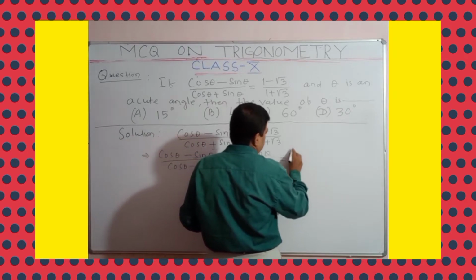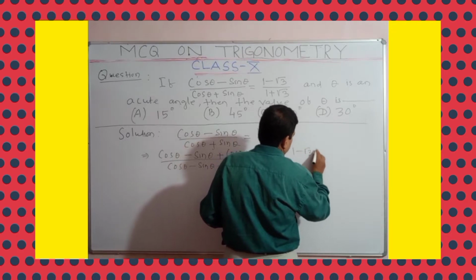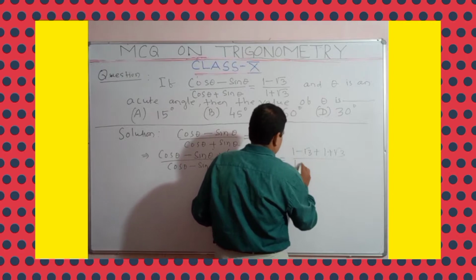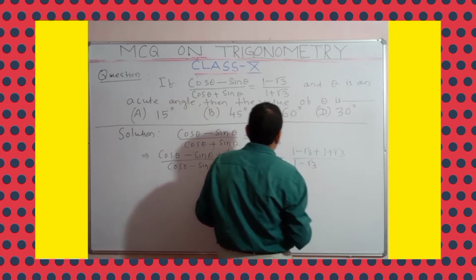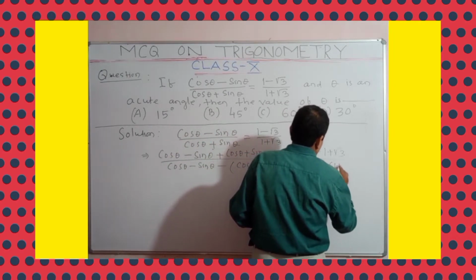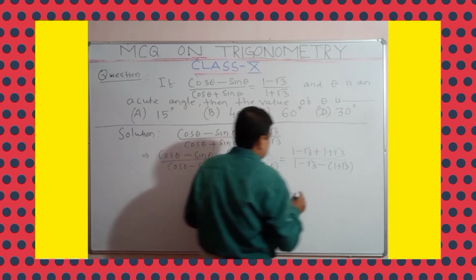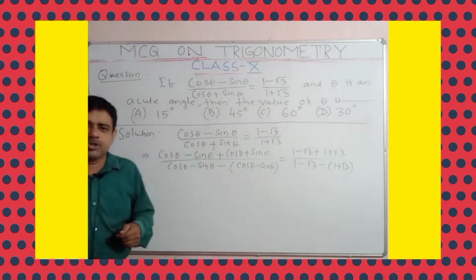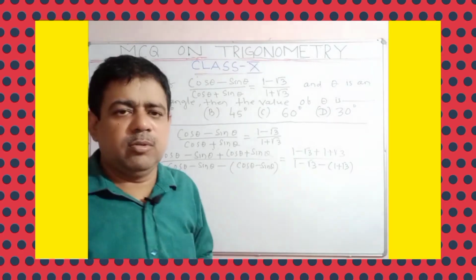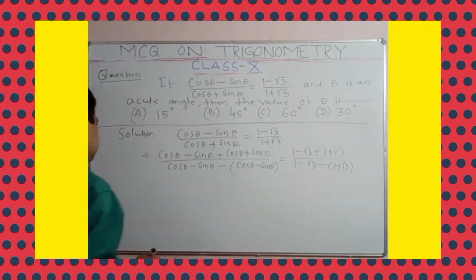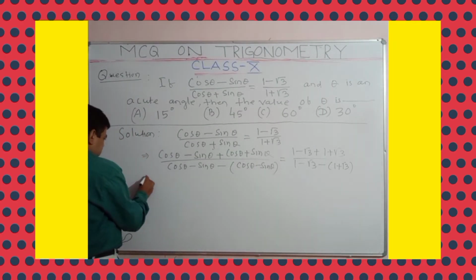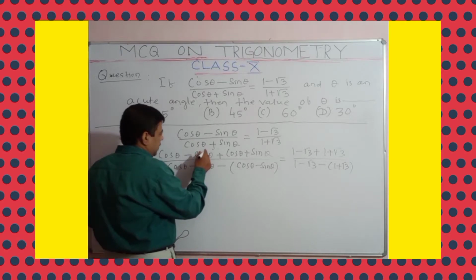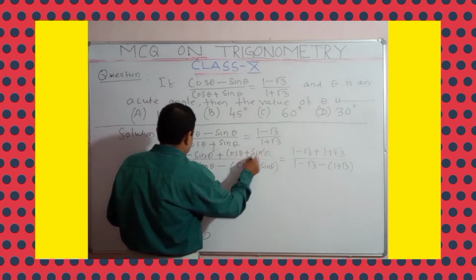Similarly, 1 minus root 3 plus 1 plus root 3 whole divided by 1 minus root 3 minus 1 plus root 3. So here we use the property of the proportion, componendo and dividendo rule. Is it clear? Understand?